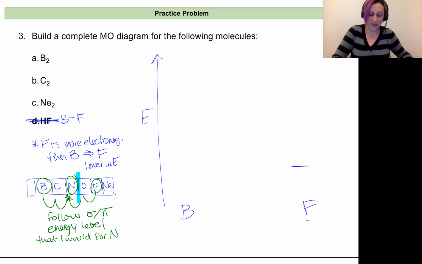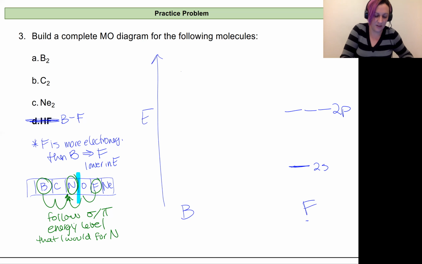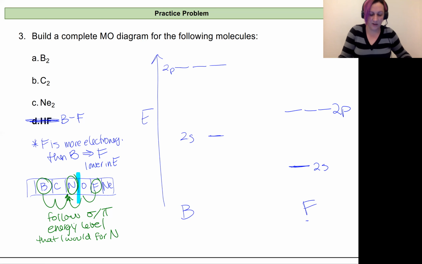So I'm going to put my 2s here and my 2p here. And for boron, I'm going to make sure they're all at a higher energy level. So maybe my 2p go here, and that would put maybe my 2s around here. I'm kind of guesstimating, right? It's just relative. We're not actually using measured energies or calculated energies here.